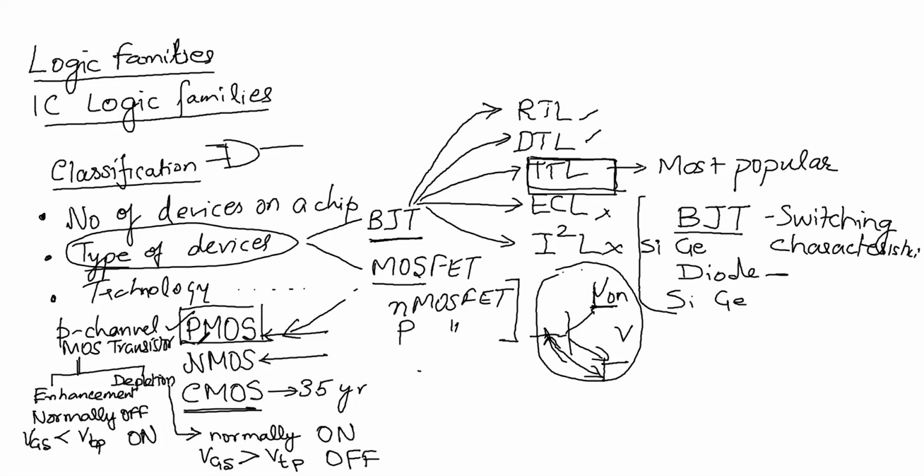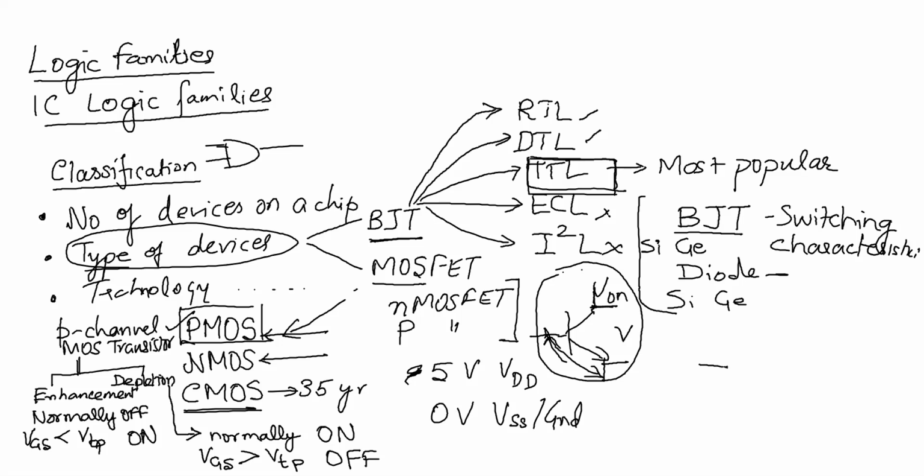Now, what happened is this PMOS typically was working on a 5-volt VDD, and VSS or ground is typically 0 volt. So the voltage you can apply on any node is between 0 and 5. These are the voltages available.